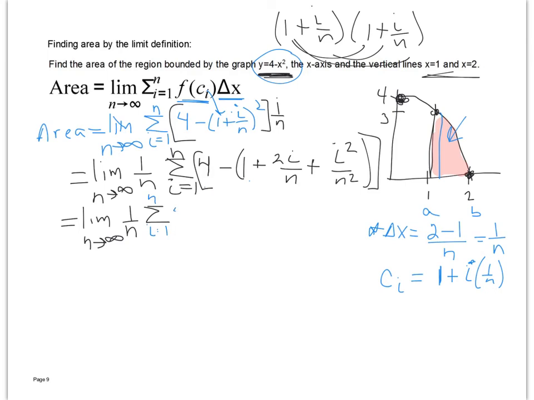So let's do that. 4 minus, now I'm going to distribute my negative at the same time, minus sigma i equals 1 to n of 1 minus sigma 2i divided by n, and that goes from 1 to n. And then minus, because I'm distributing my negative, minus sigma i squared over n squared.